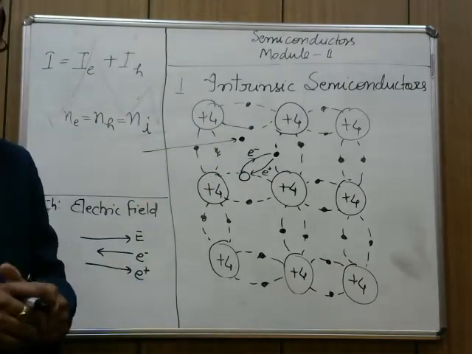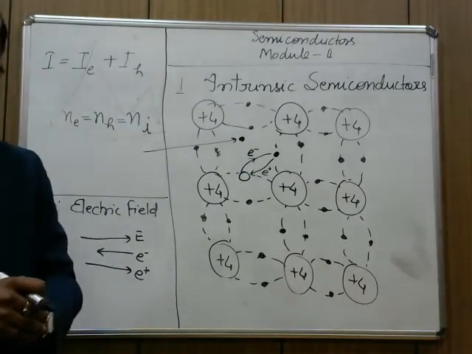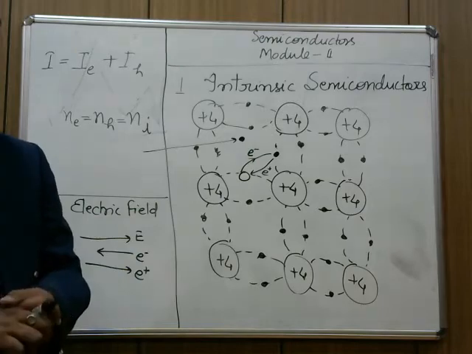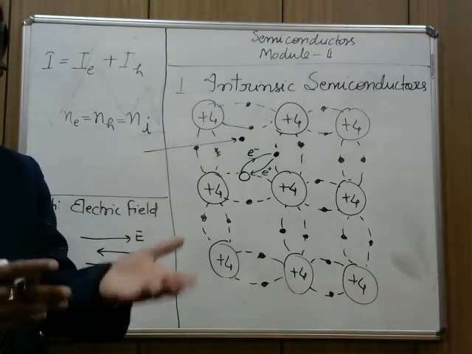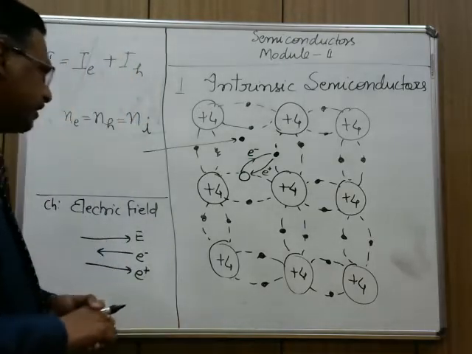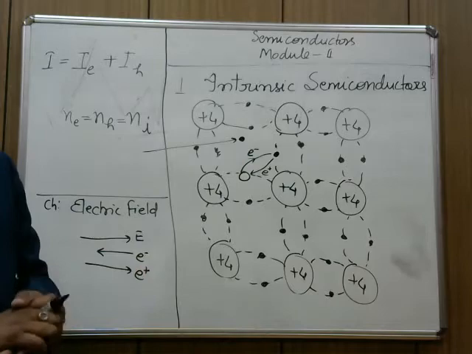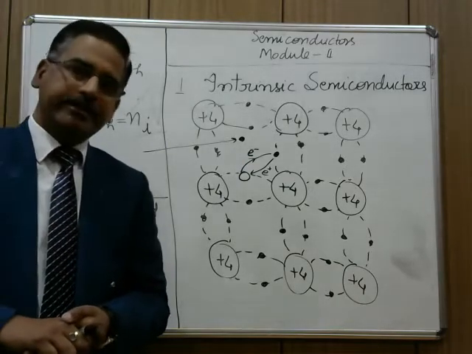When an electric field is applied, electrons move opposite to the field, giving rise to electronic current, and holes move in the direction of the applied field, giving rise to hole current, and their sum is the total current flowing in the semiconductor.